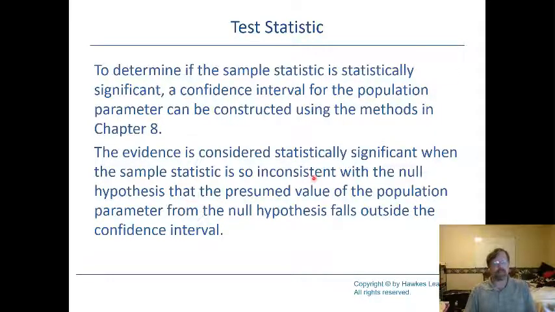Sorry, I phrased that backwards. If we take our measured population parameter and build a confidence interval around it, if the presumed value falls outside of that confidence interval, then we have statistical significance.